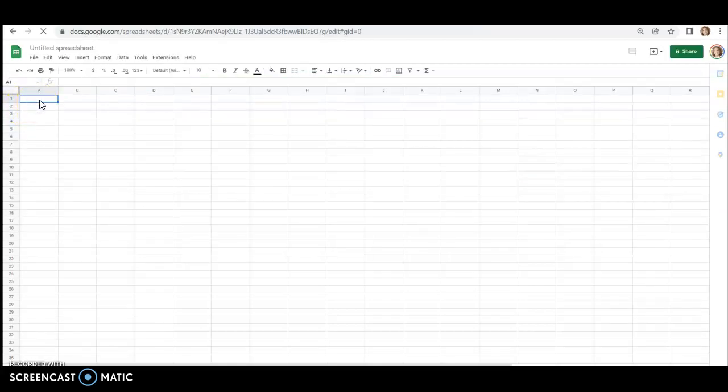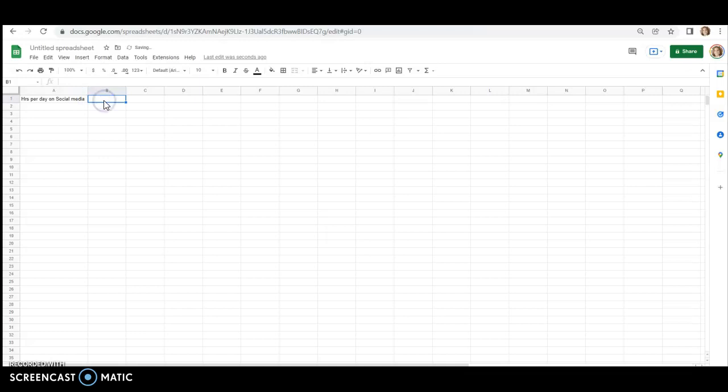Now, right here, I'm going to put in the hours per day on social media. And I'm just going to move that little, there we go, and then put in GPA. Then I take my first little sheet of paper, and I'm looking at the numbers, and the first person said that they spend 1 hour on social media and their GPA is 4.0.